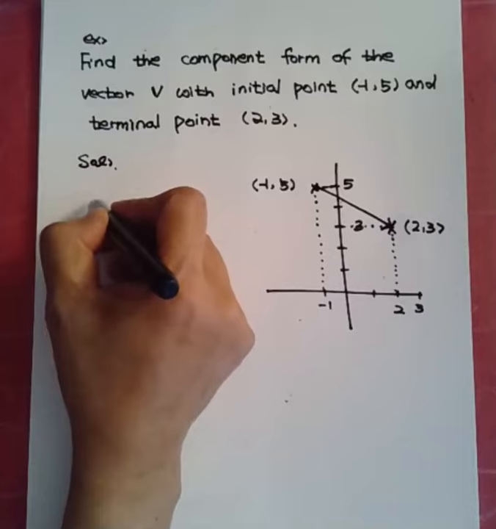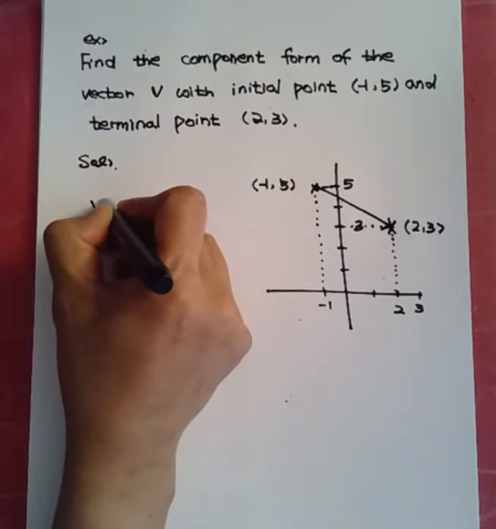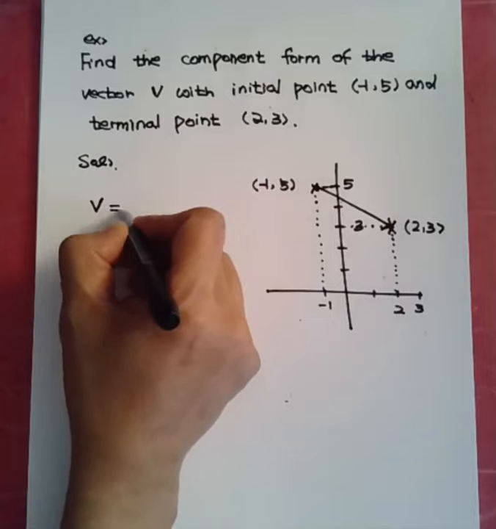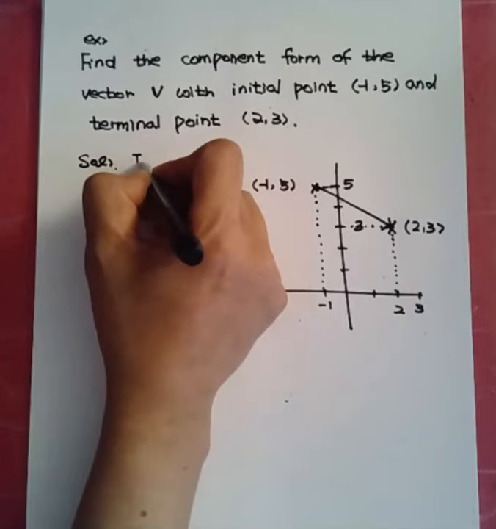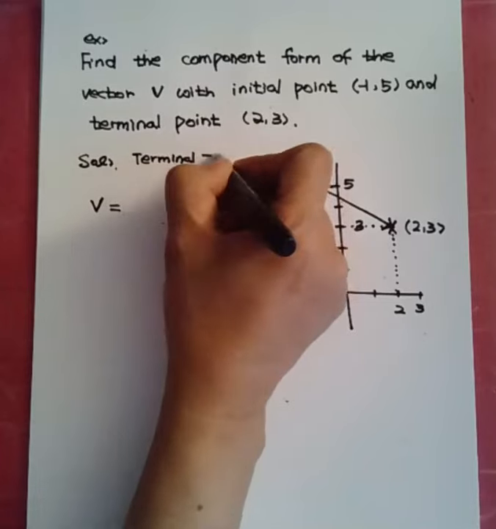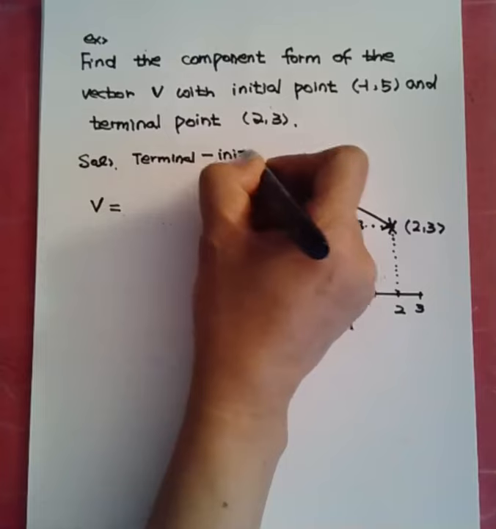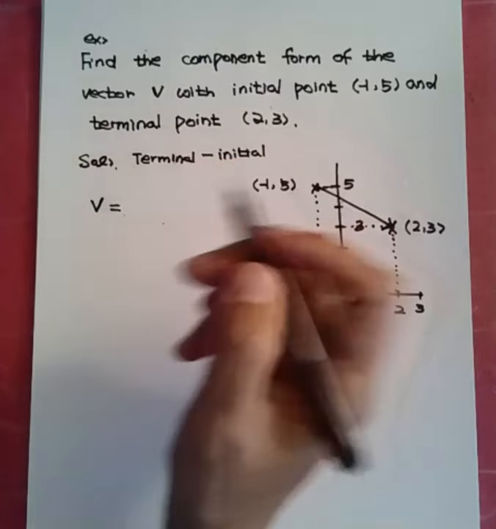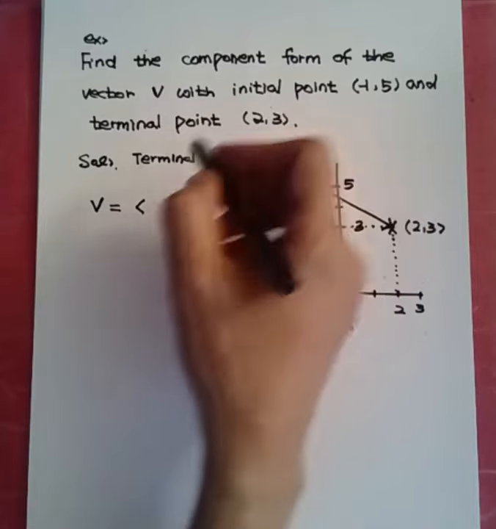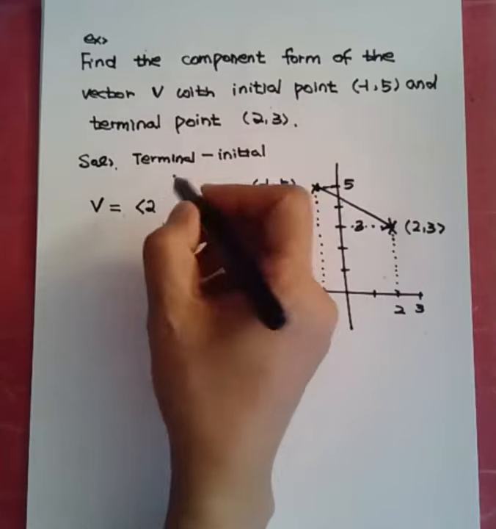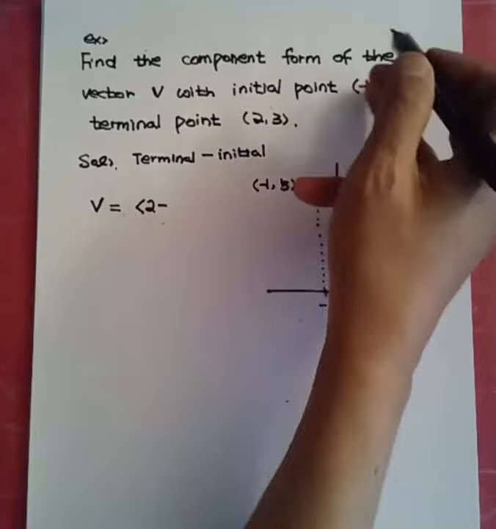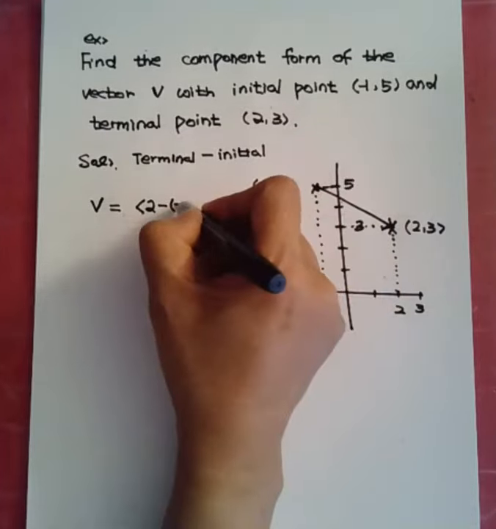And when we consider the component form, we think about the terminal point minus the initial point. So this is the terminal point, so it comes first, and 2 minus the initial point's x coordinate.